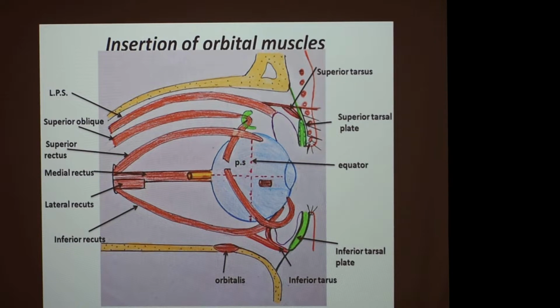Okay, what you understand? All the four rectus muscles insert onto the scleral tissue respectively at 5 mm, 6 mm, 7 mm and 8 mm from the sclerocorneal junction. So that's all about the insertion of the four rectus muscles.